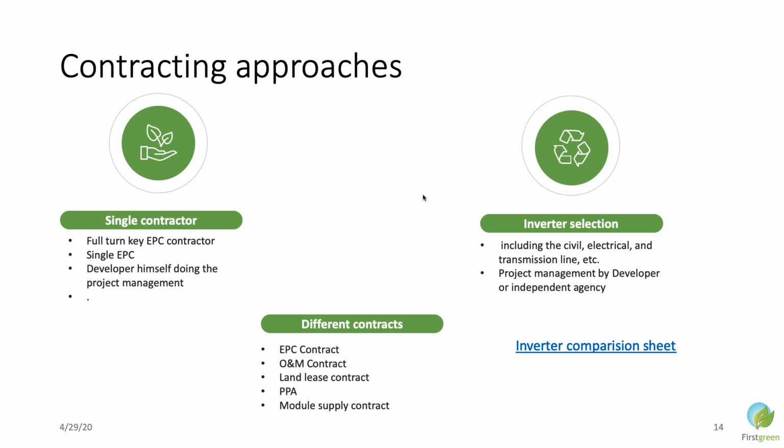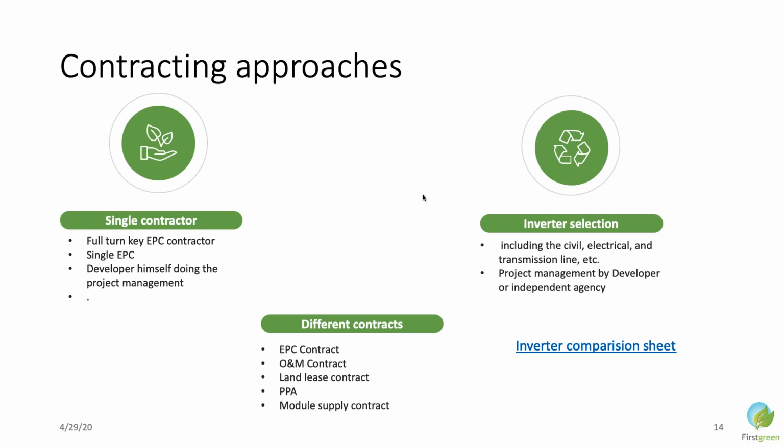Module supplier: if you are buying modules directly, then a module supply contract needs to be done. If you are buying inverters, then there should be a separate inverter supply contract. Land lease contract is also to be done during this phase.